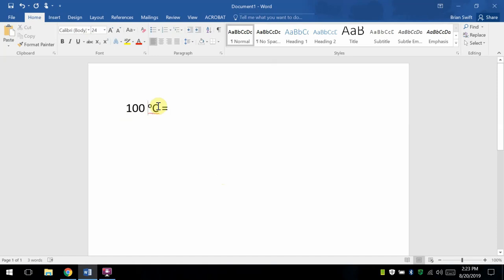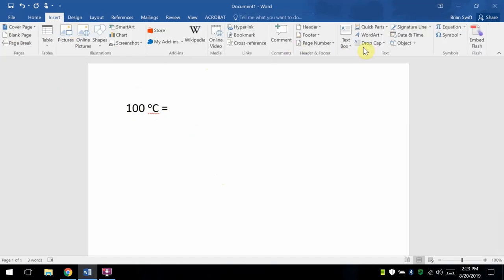It's a difference of degrees. So the span of 100 degrees Celsius, and so we could do insert.